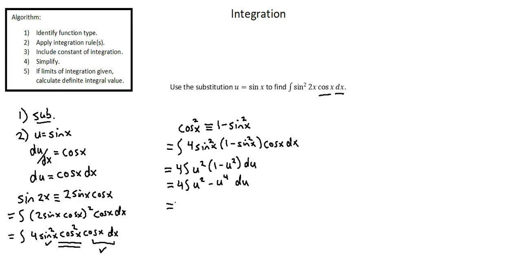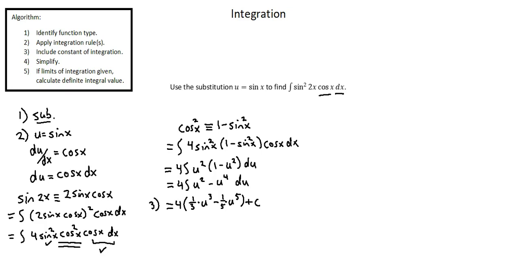And now I'll complete my integration. 4 times u squared becomes u to the power of 3. We'll multiply by 1 over the new exponent, 1 over 3, minus u to the power of 4 becomes u to the power of 5, and we'll multiply by 1 over the new exponent, 1 over 5, adding on our constant of integration plus c.